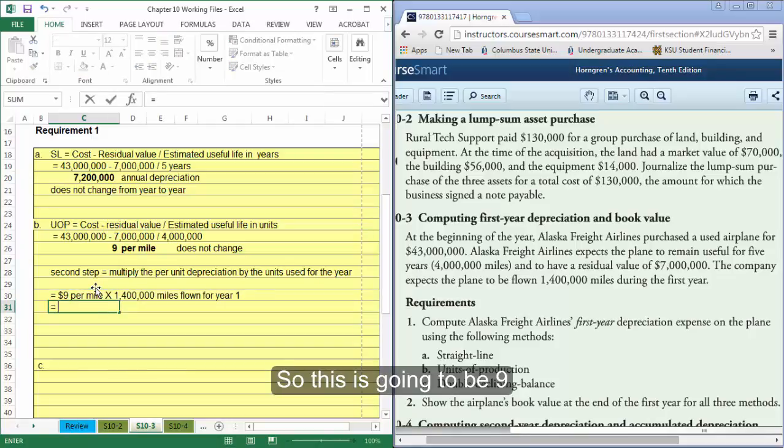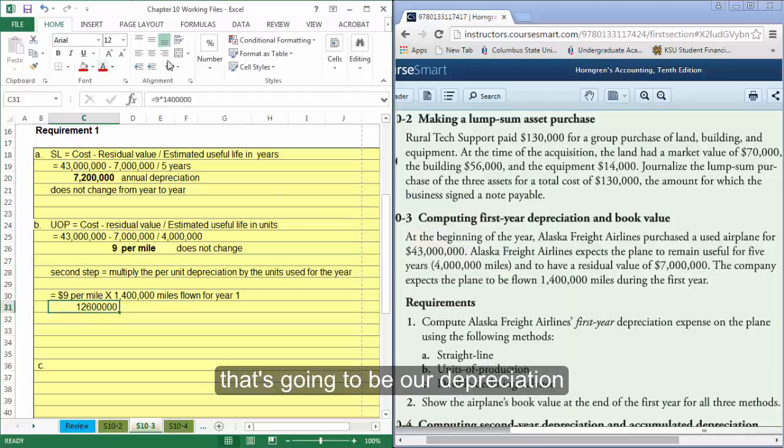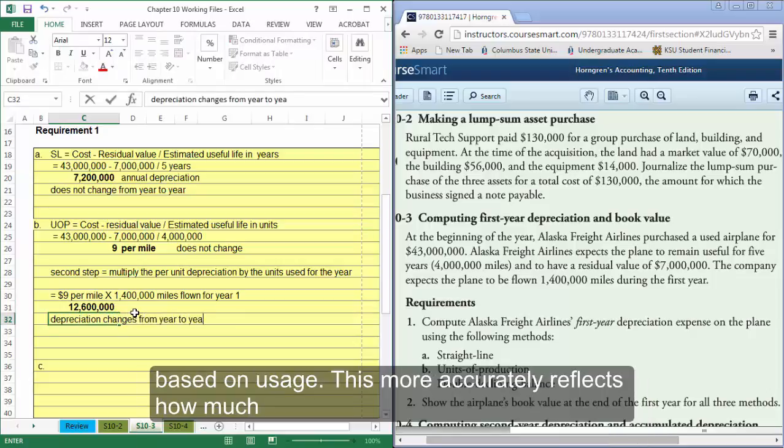So 9 times 1.4 million, and that's our depreciation for year 1. This depreciation for units of production is going to change from year to year based on usage.